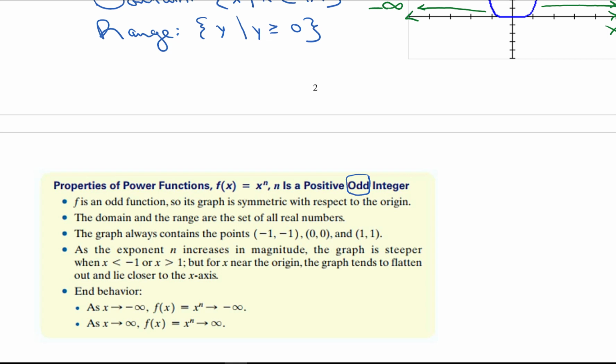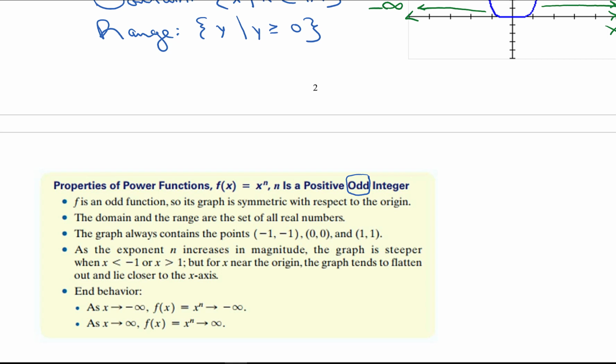As the exponent n increases in magnitude, the graph is steeper when x is less than -1 or x is greater than 1. But for x near the origin, the graph tends to flatten out and lie closer to the x-axis. And behavior. I'm not going to write the way we say this out loud because we already wrote it out earlier, so I'm just going to say it.